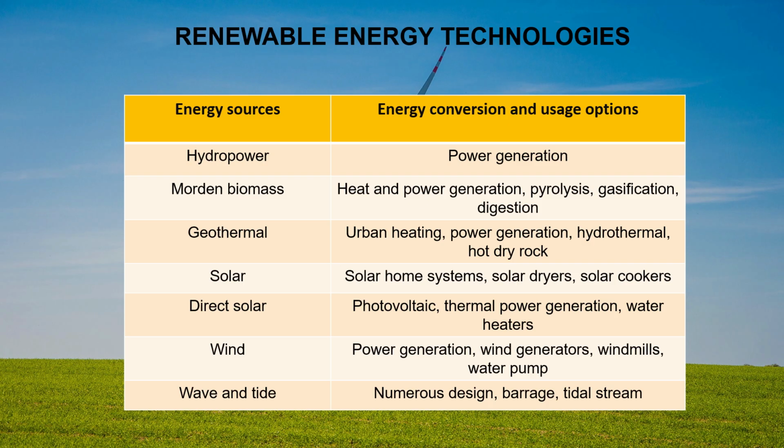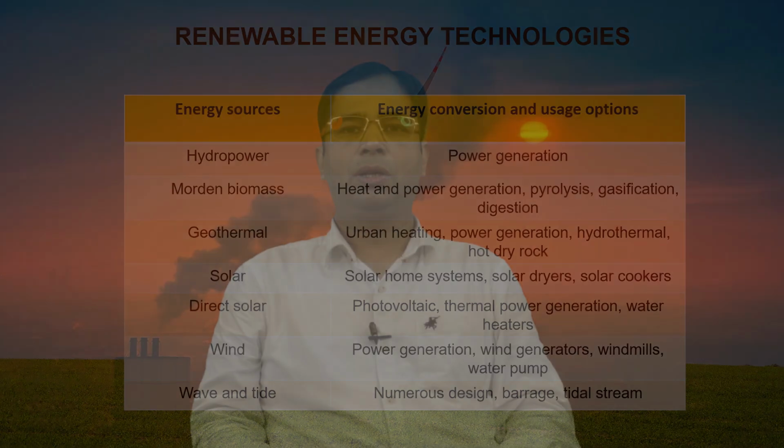Wave and tide have numerous designs, barrage and tidal stream. These are some of the important renewable energy resources, and we have discussed some of the possible applications from them.